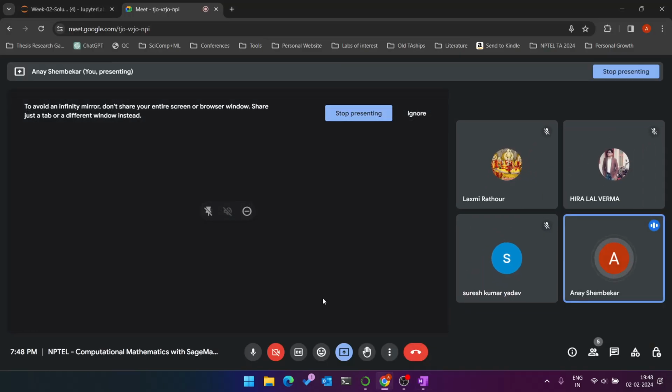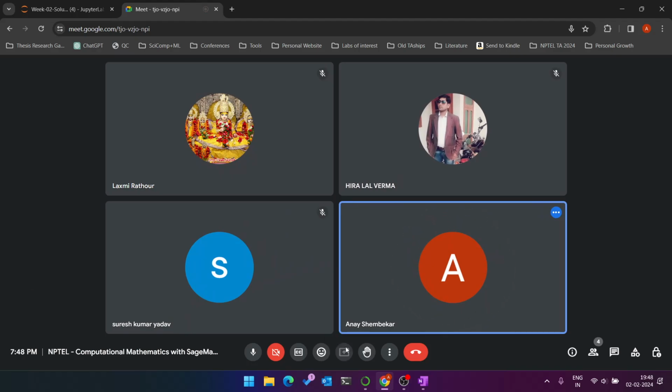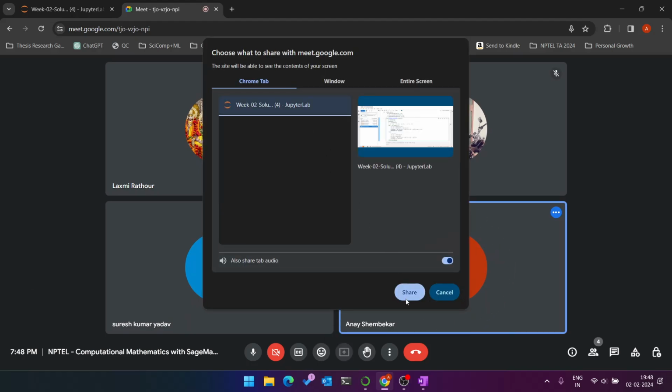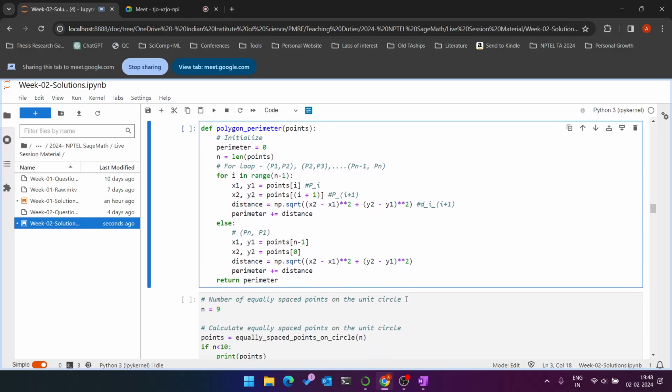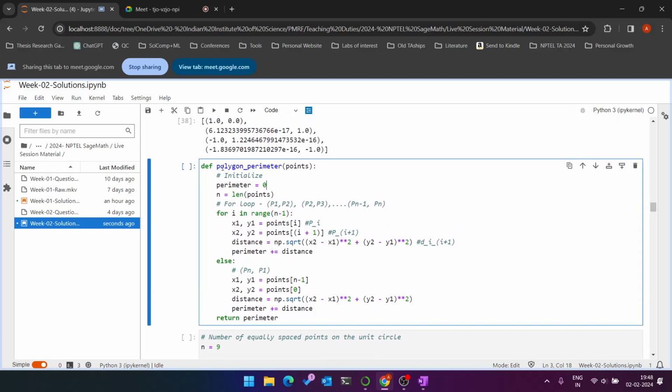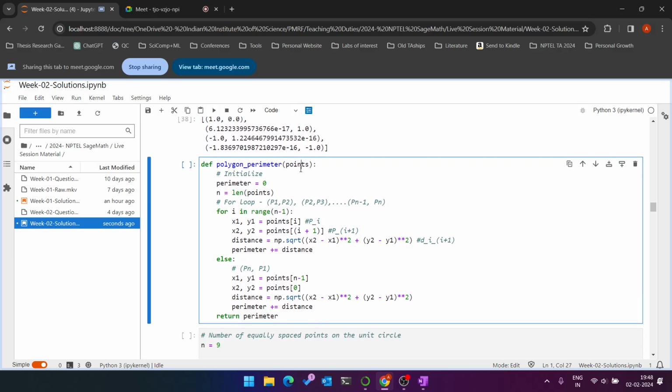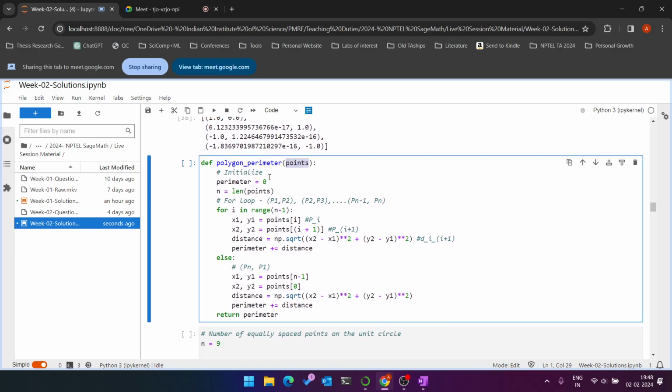So in our code we have this function called polygon perimeter, and it takes input as something called points, only one argument.